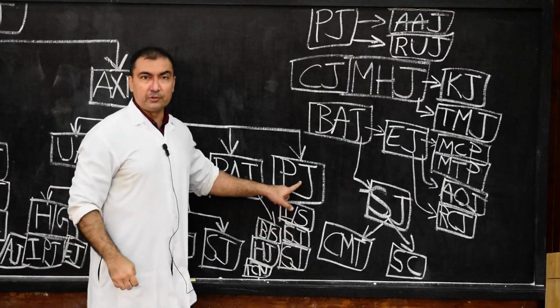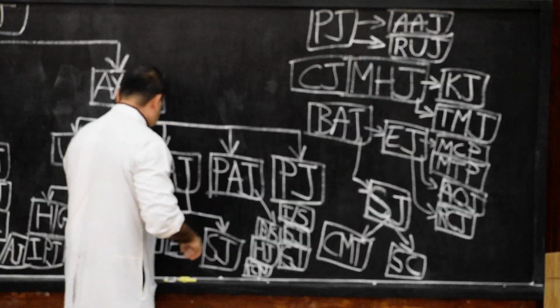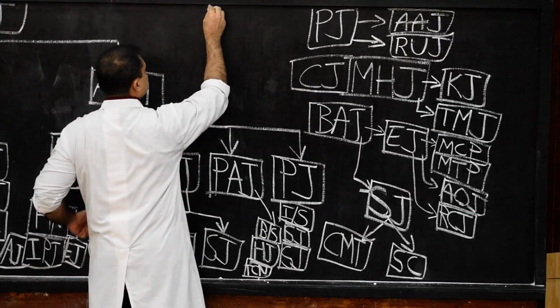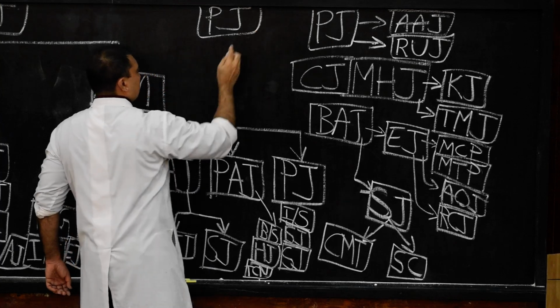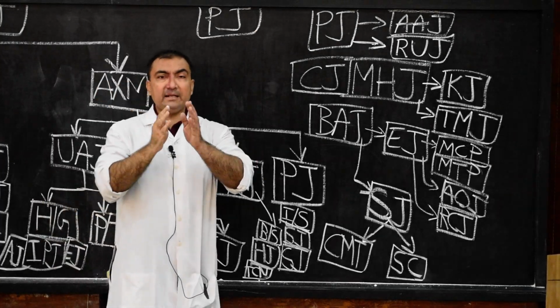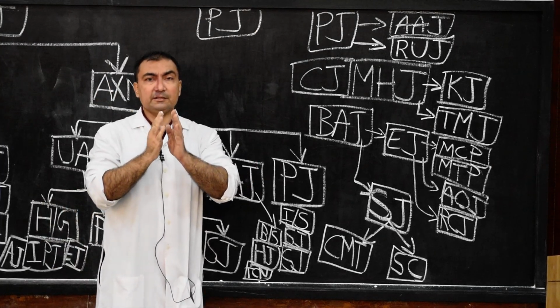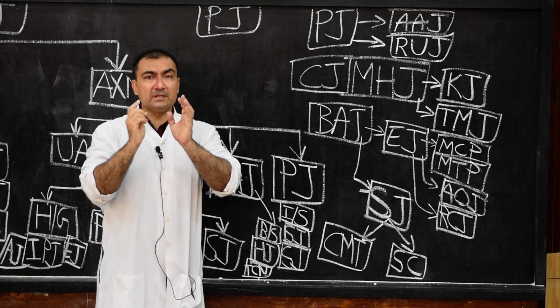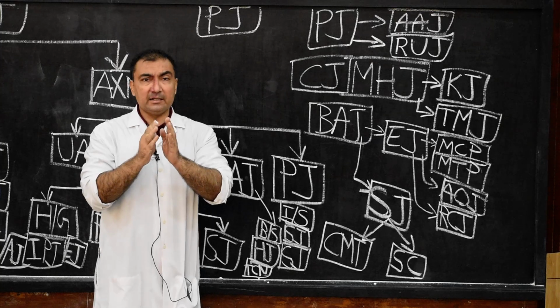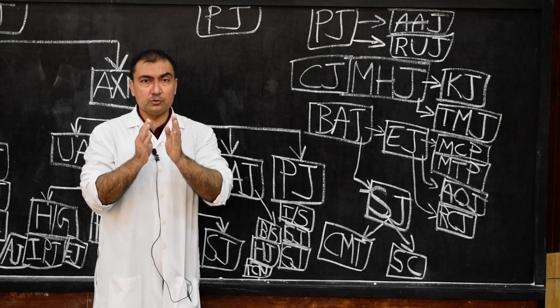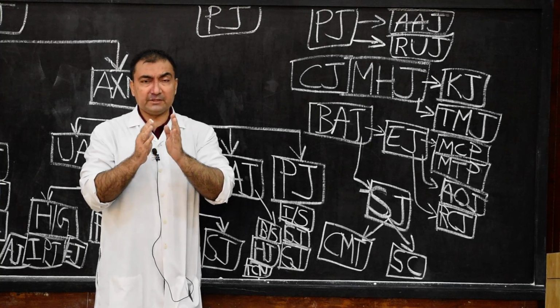Now plane joints. The plane joints are formed between the 2 flat articulating surfaces of the 2 bones.